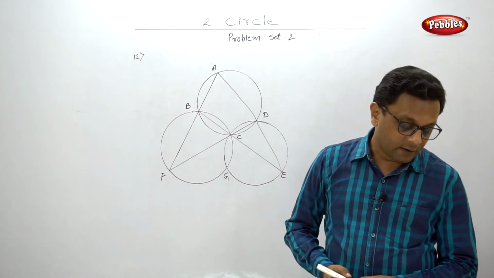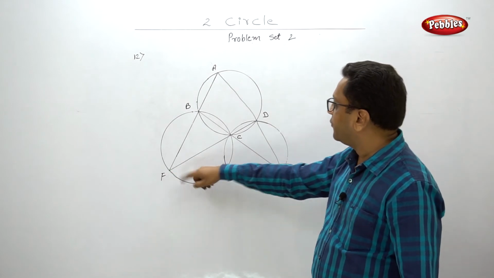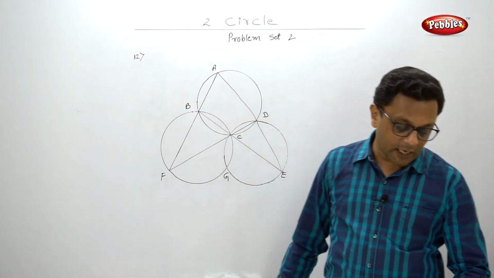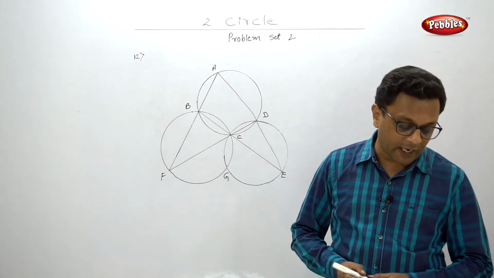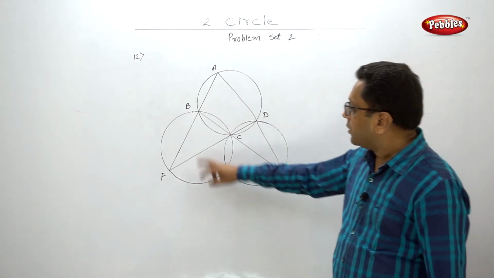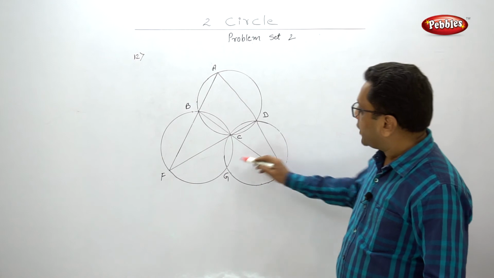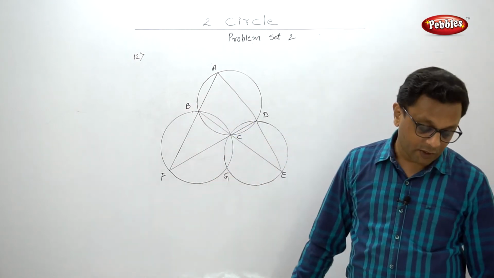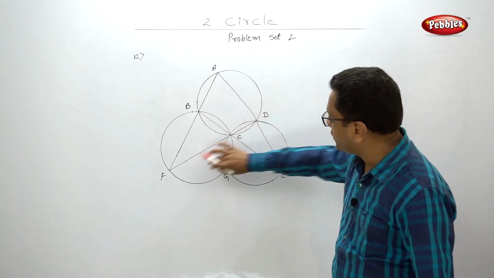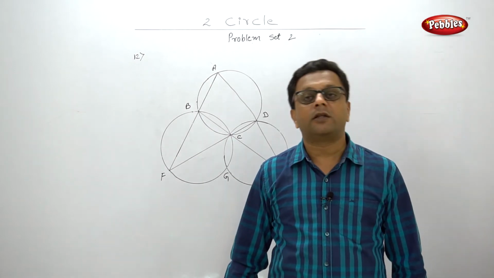Then they said that the lines AB and DC intersect in F, and AD and BC intersect in E. Show that the circumcircle of triangle BCF, that means this circle, and the circumcircle of CDE, that means this circle, these two circles intersect in a point G on line EF.